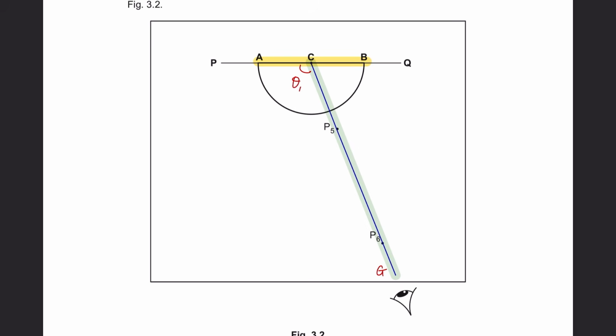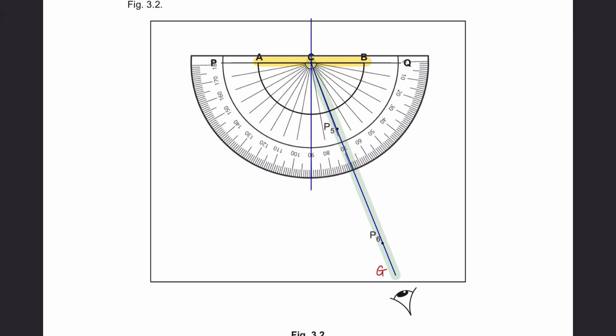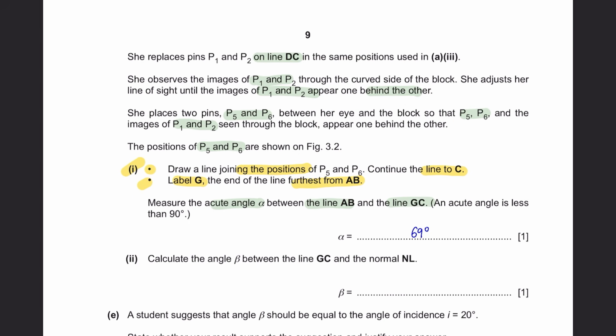There are two possible angles here, but since you are asked to measure the acute angle, we will pick this angle because acute angle is less than 90 degrees. So we're going to use our protractor to measure the angle. According to my diagram, I see an angle of 69 degrees. According to your marking schemes, any value from the range of 67 degrees to 71 degrees is an acceptable answer.